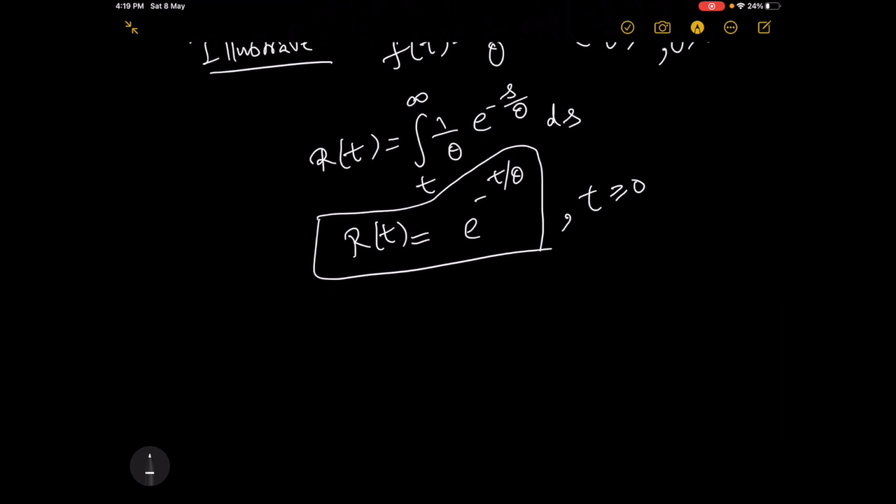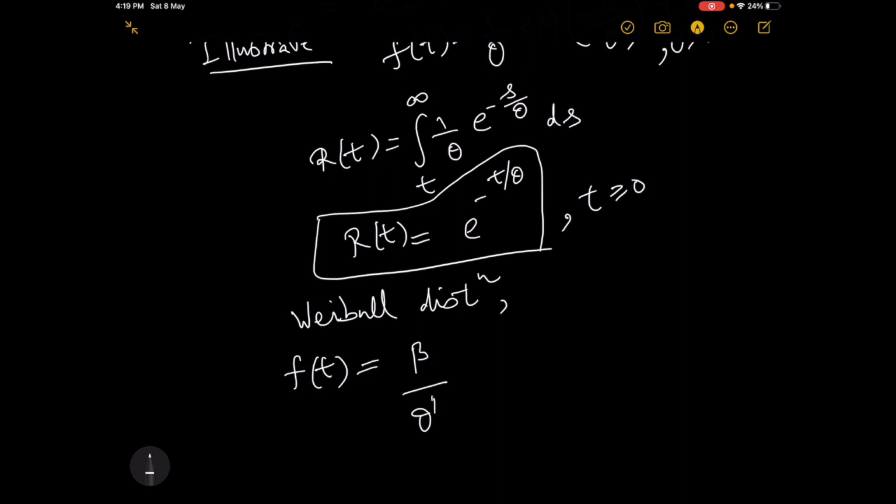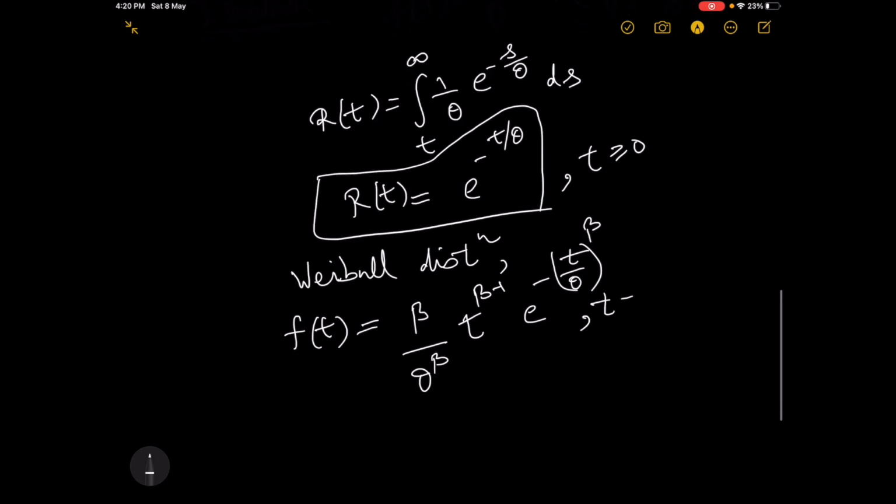Now, if the same component's lifetime is described by some other distribution, say the Weibull distribution, another popular lifetime distribution in reliability data, then we know the model to be of the form, a kind of generalized exponential distribution where we have one more shape parameter, with the same restriction.